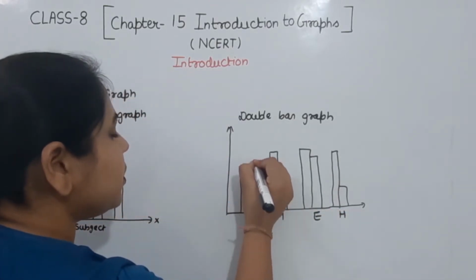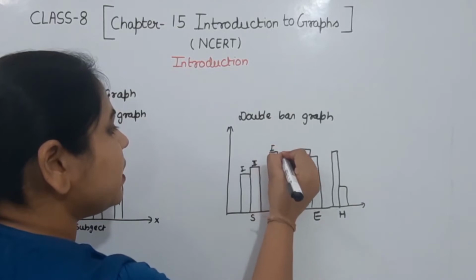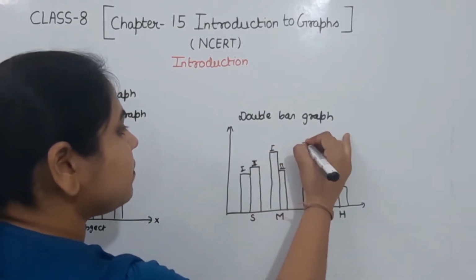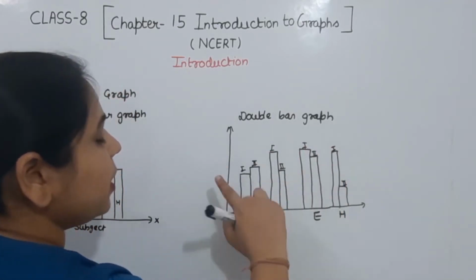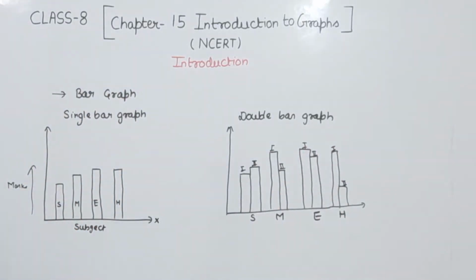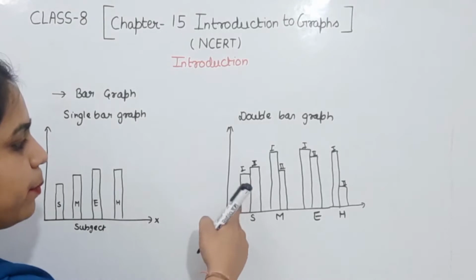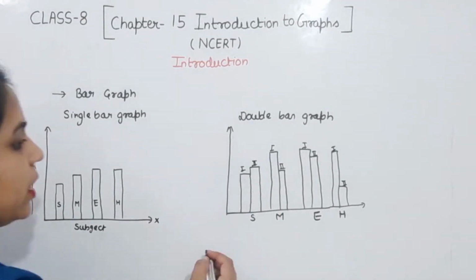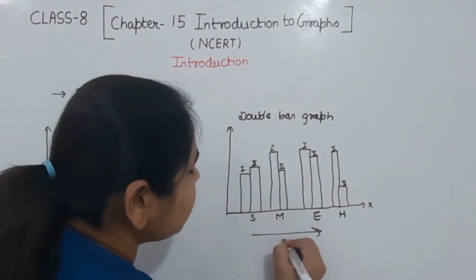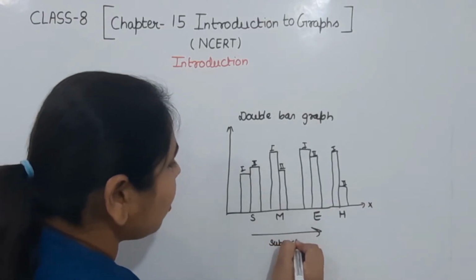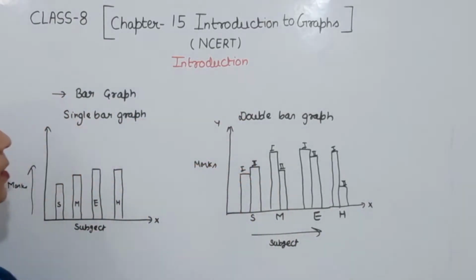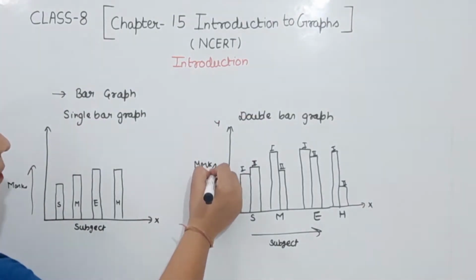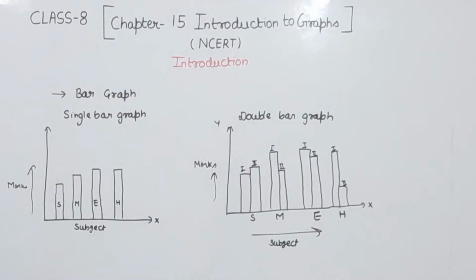This is for the first semester, this one is the second one, this is the first, this is the second, and so on. Now we can compare how many marks we got in the first semester as compared to the second semester. On the x-axis, the same will show the subjects, and on the y-axis, the same will show the marks. So this is the single bar graph and the double bar graph.